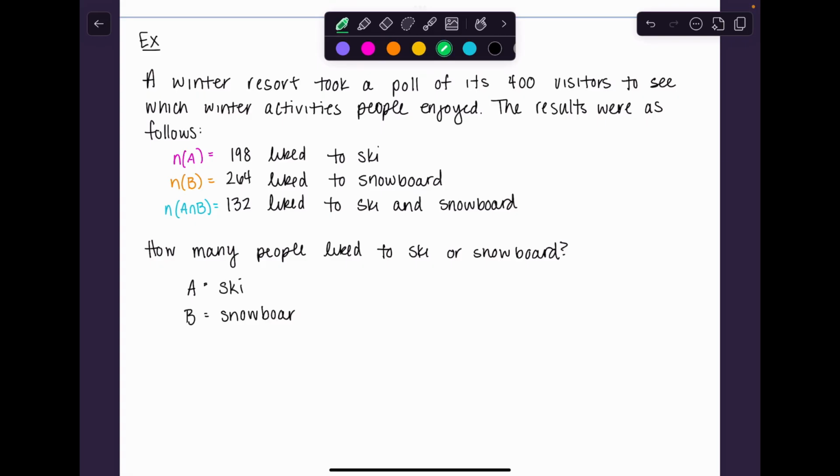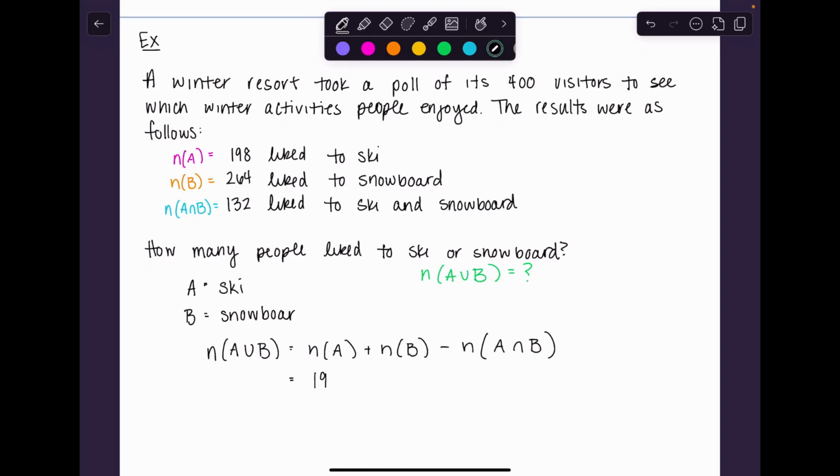What we want to figure out is the union, how many people are in that, okay? So using our formula, the number of people that like to ski or snowboard is the number of people that like to ski plus the number of people that like to snowboard minus the fact that I'm double counting some of them.